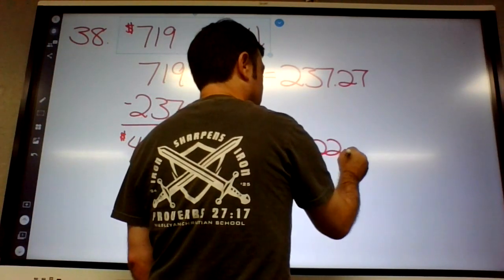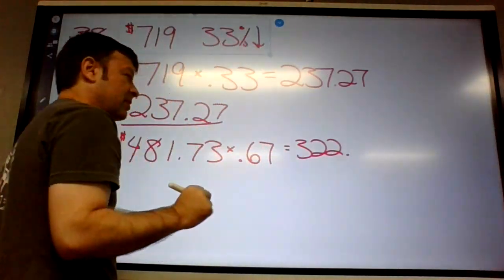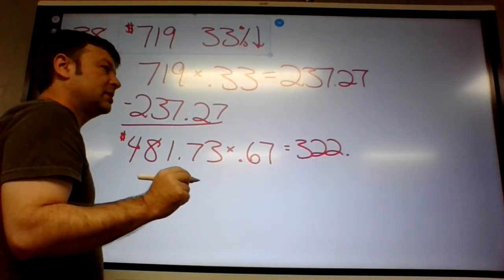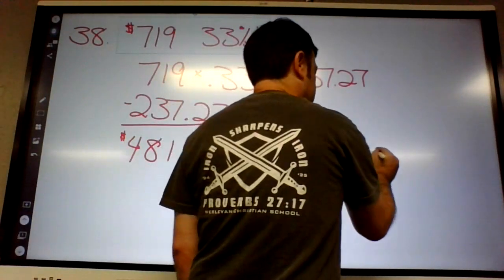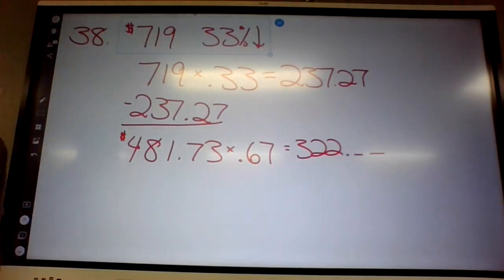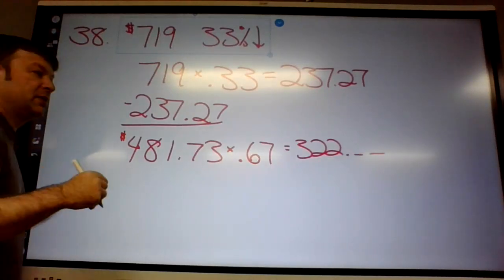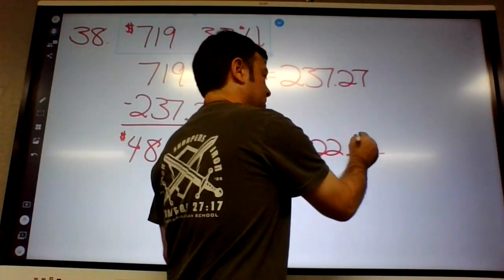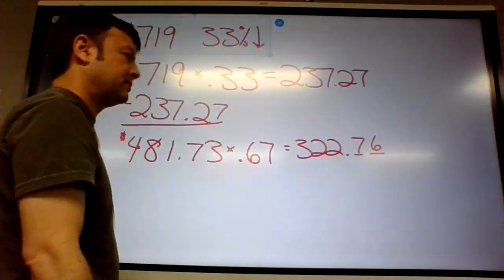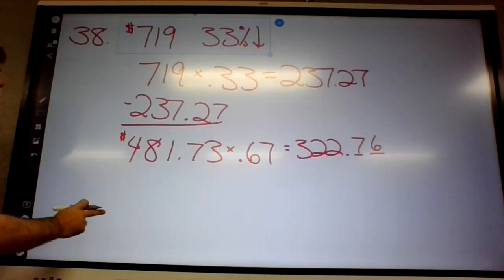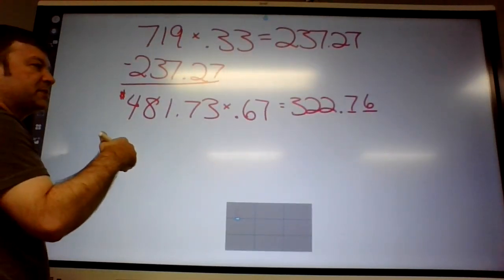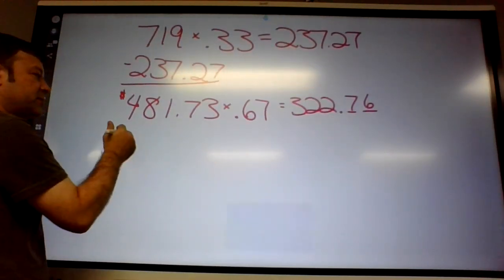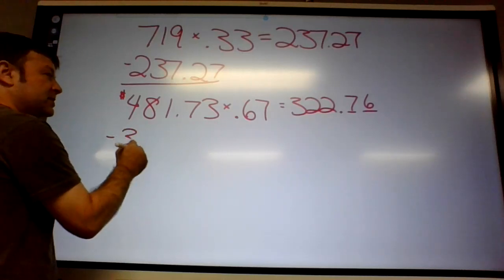322.7591. Okay, we're talking about money, so where should we probably round it? The hundredths, because we go to the 1 cent place on money, right? So 0.76. Okay, so again, that's not what the price drops to, that's what the price drops by. That's how much the price is going to go down.